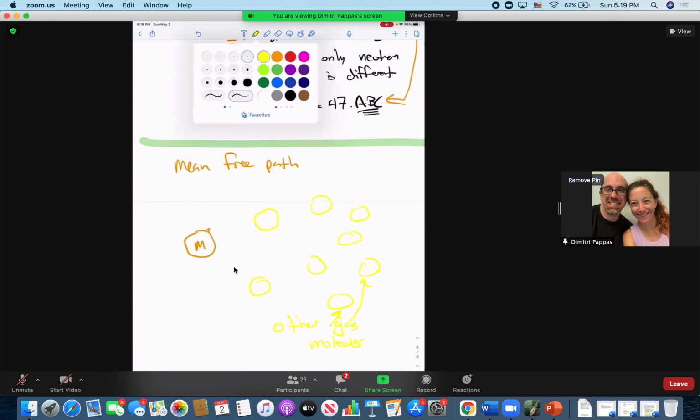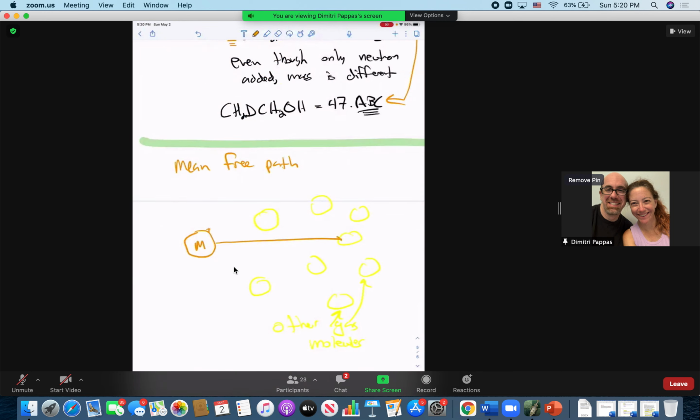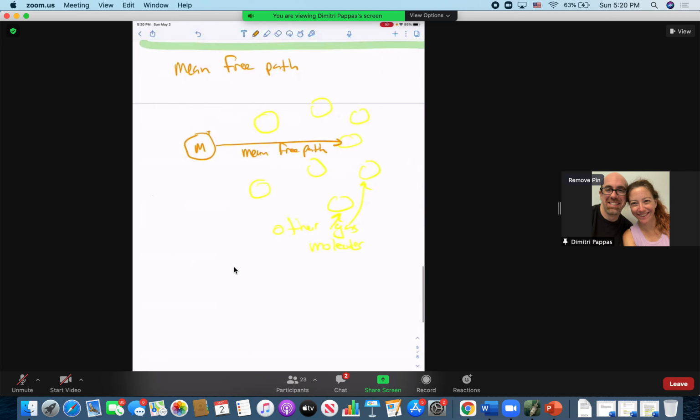The mean free path is how far it travels without a collision.